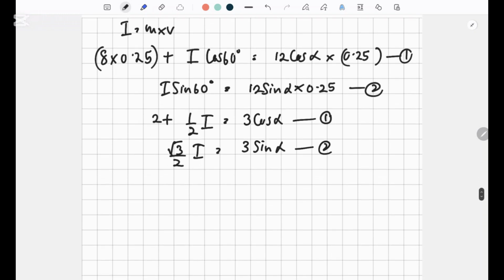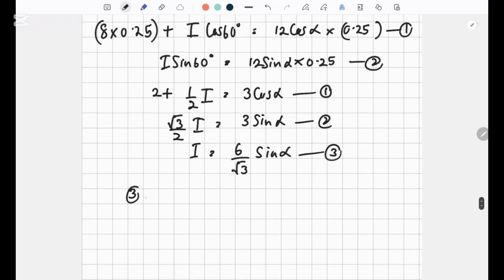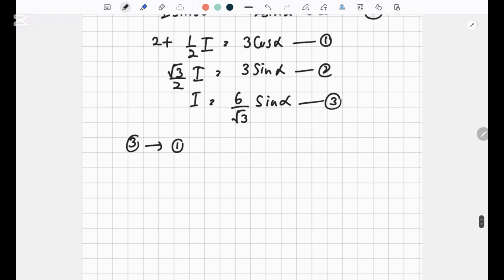Okay. So I equals, I'm rewriting the second one, I equals 6 over root 3 sine alpha. Okay, so this is your third, and I just wrote it as the third equation. So what you do is you put your third equation into the first equation.